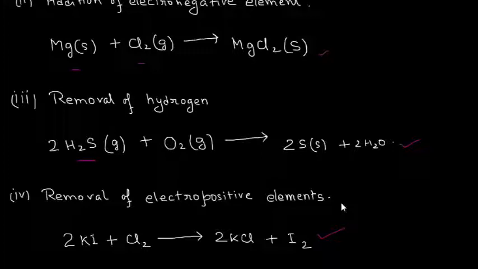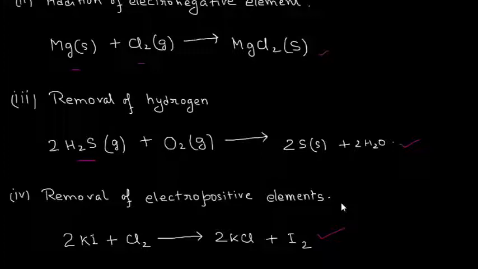So removal of any of these electropositive elements in a reaction is called oxidation. In the below reaction, we can see potassium iodide. From potassium iodide, potassium is removed.